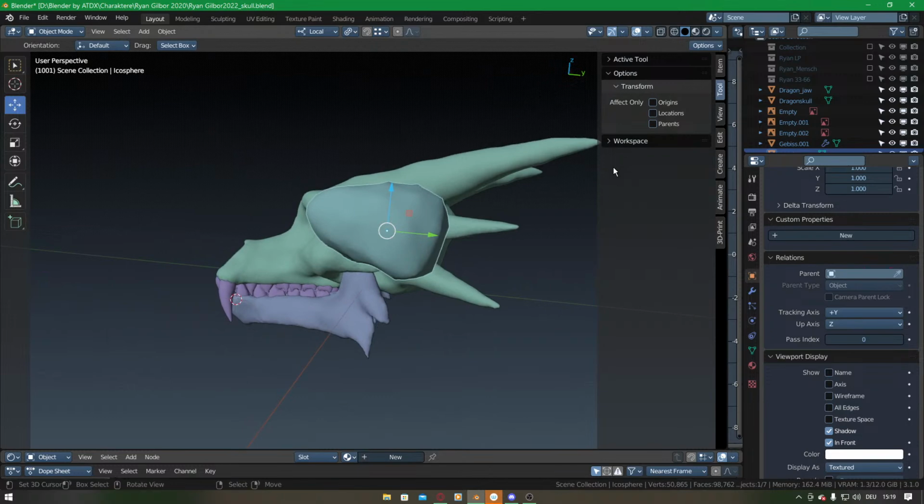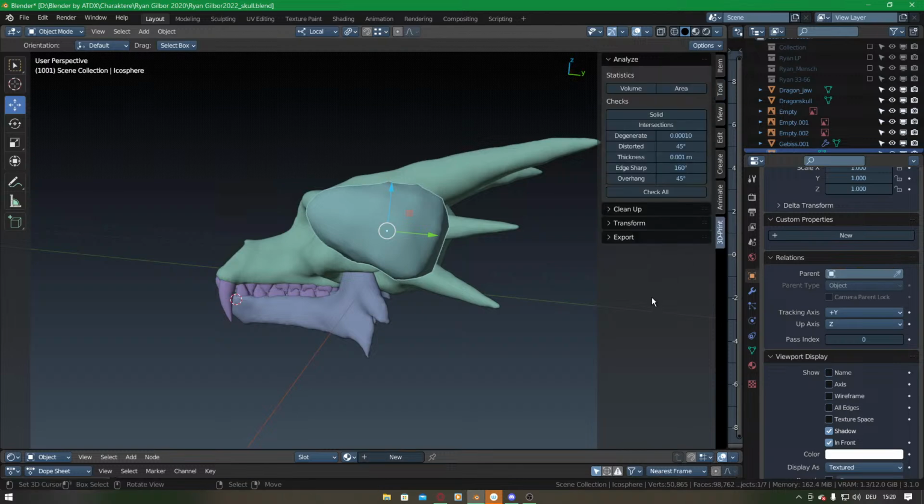So the human brain has a size of 1,350 cubic centimeters. So let's see.